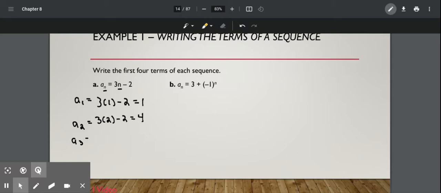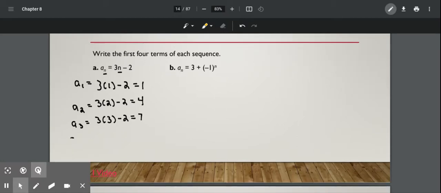A sub 3 would be plugging a 3 in for n, and we'd get 7. And then a sub 4 would mean you plug a 4 in for n, and you get 10. So those would be your first 4 terms: 1, 4, 7, and 10.